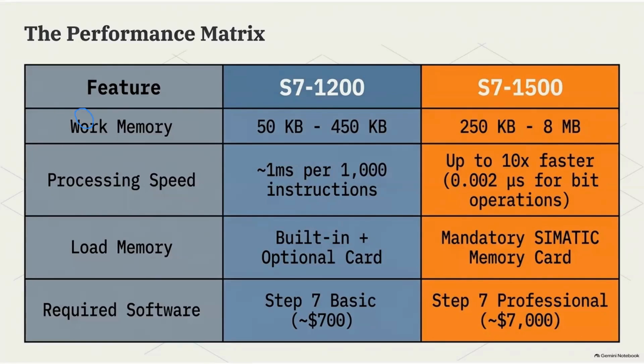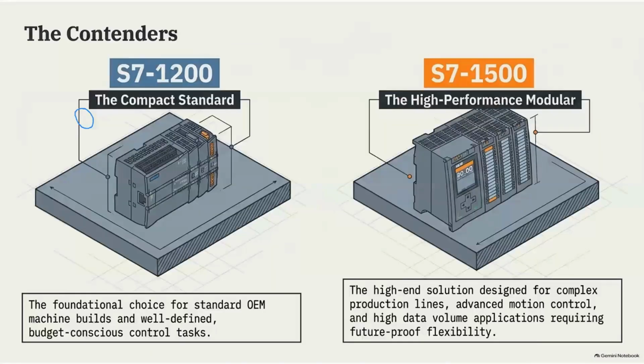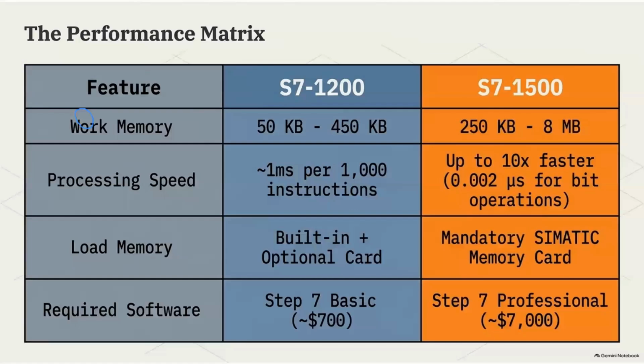Working memory: as I said, since there is a very small predefined number of IOs for S7-1200, the memory will be very small. For S7-1500, it is very huge and expandable. And the processing speed also: 1 millisecond for 1,000 instructions. We can see S7-1500 is very fast.